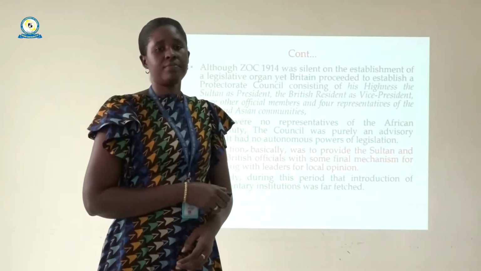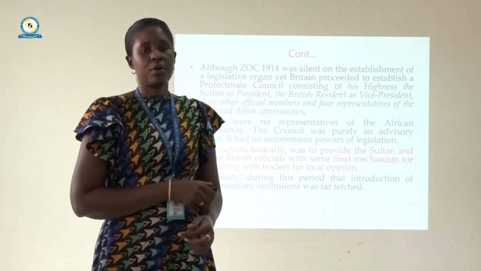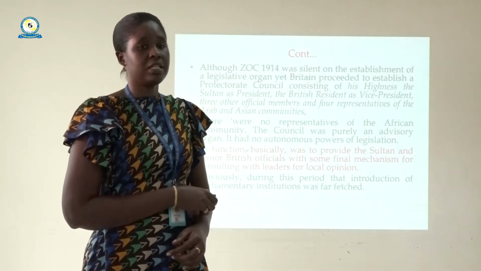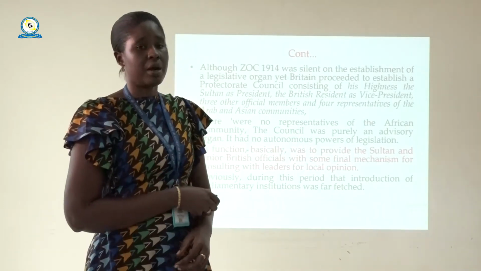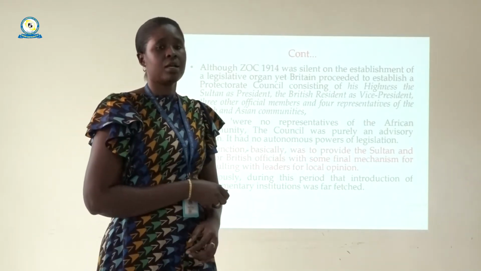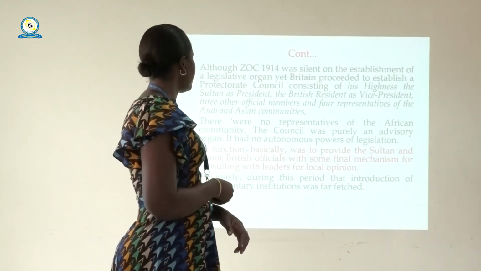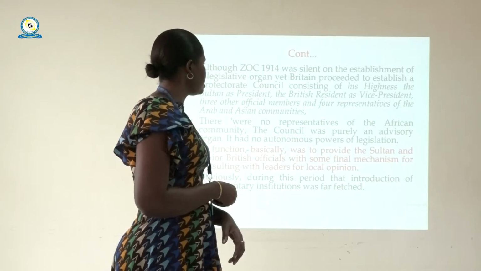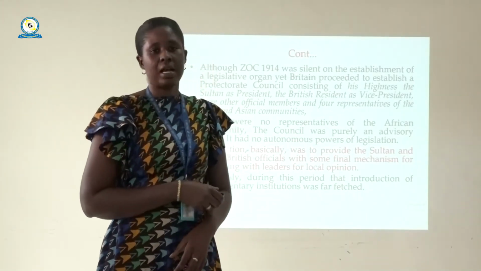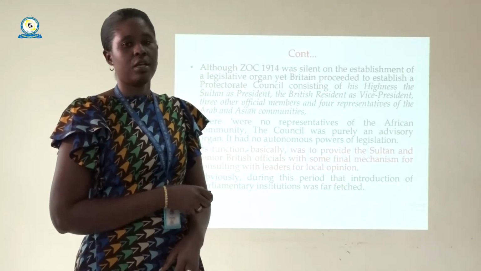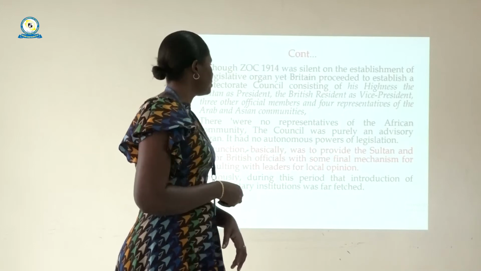So the Zanzibar Order in Council of 1914 was somehow silent on the establishment of a legislative organ. It established a protectorate council consisting of His Highness the Sultan as the president, the British Resident as vice president, and 3 other officials, and 4 representatives of the Arab and Persian community.